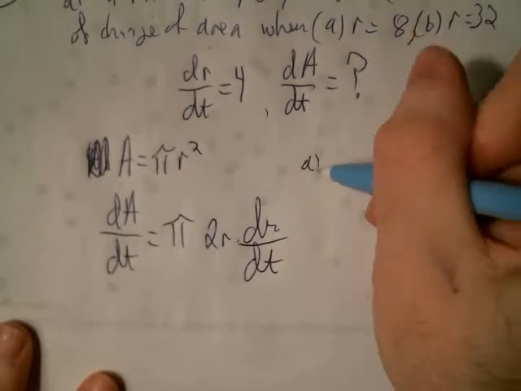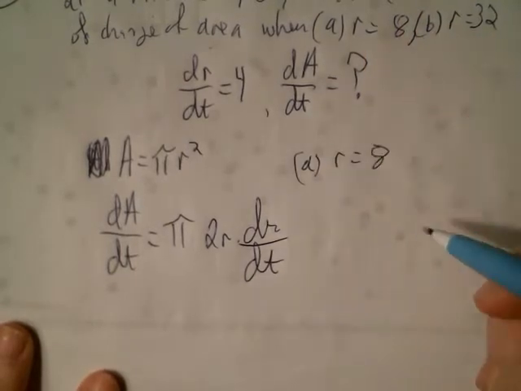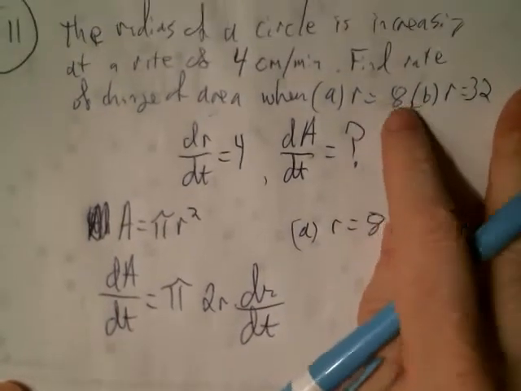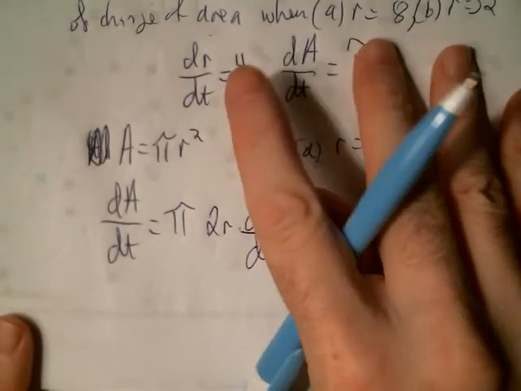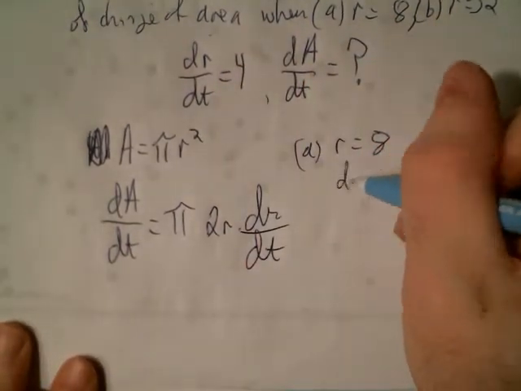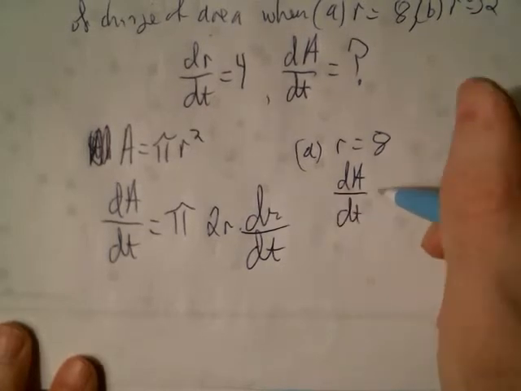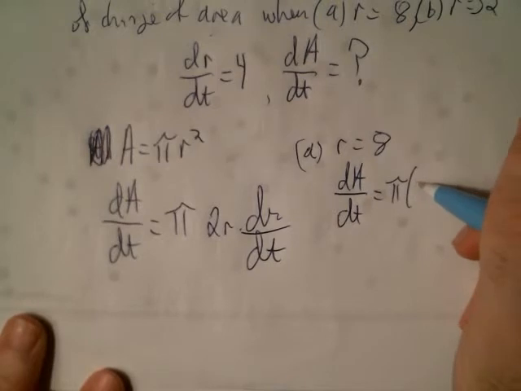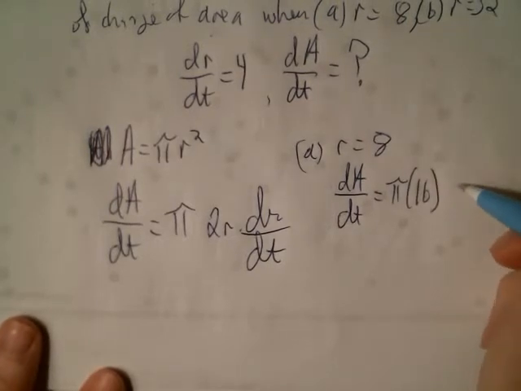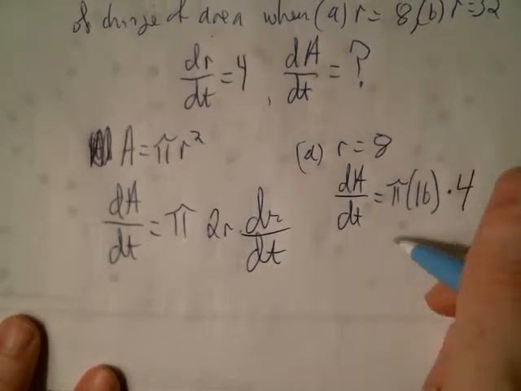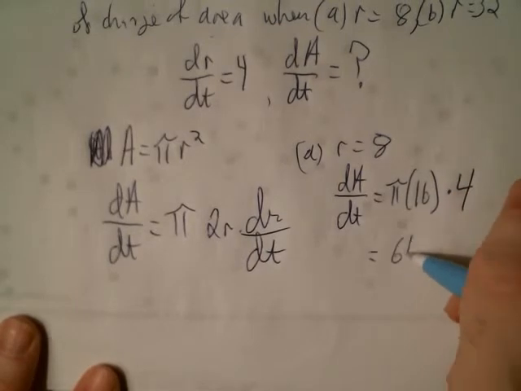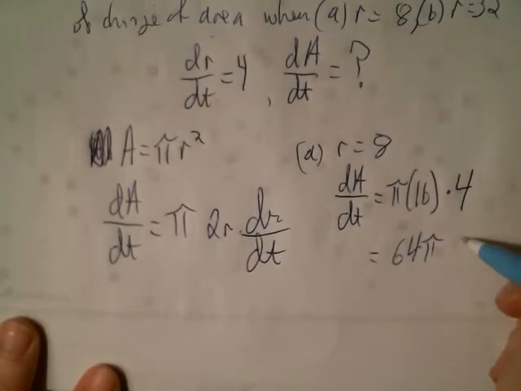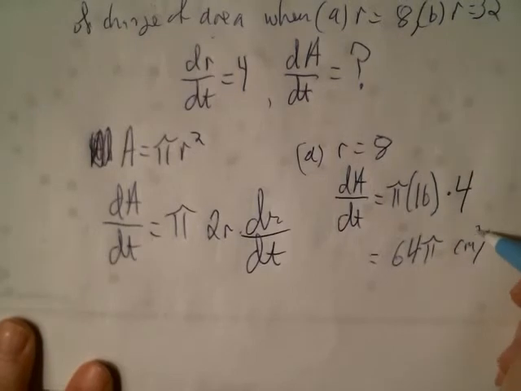So part A, we're given r is 8. So you just plug that into this formula along with our rate of change of the radius. So the rate of change of the area will be pi times 2 times 8, which is 16, times the rate of change of the radius, which is 4. So we'll end up with 64 pi centimeters squared per minute.